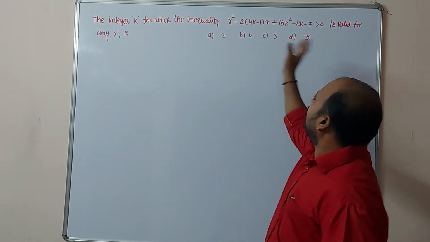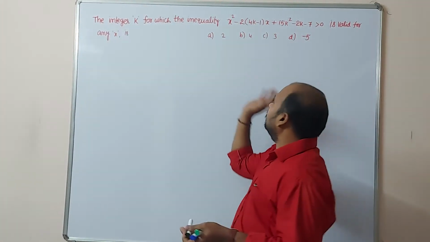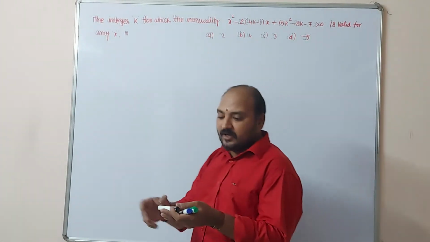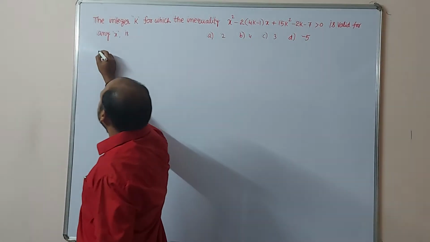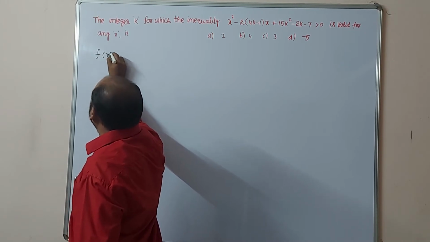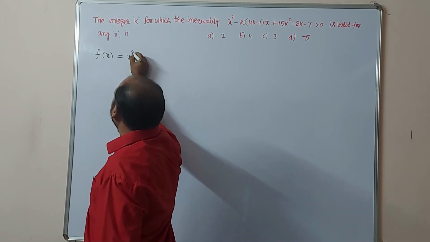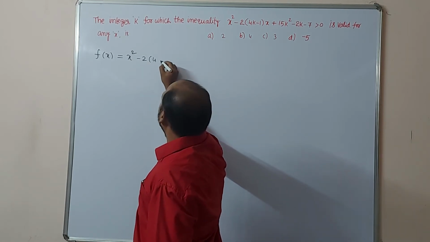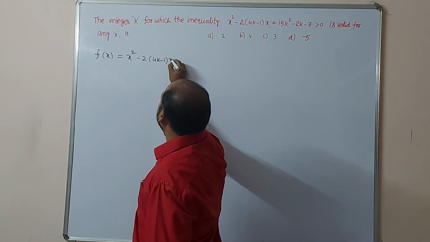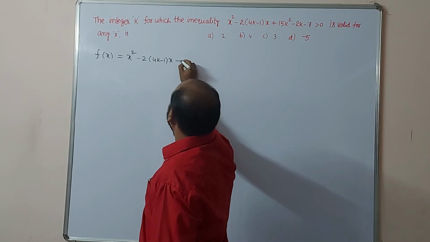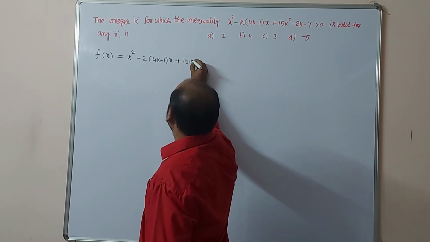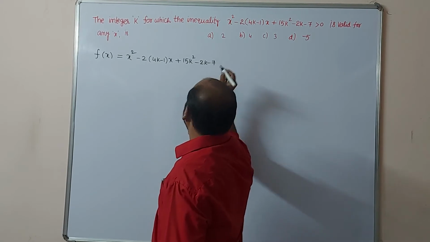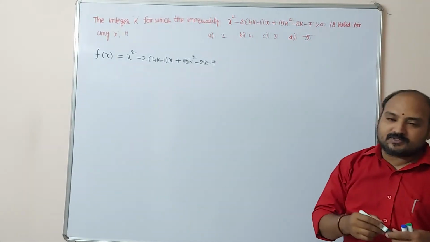First the inequality f of x I am writing without inequality, that is greater than 0, less than 0. First I will write it f of x. What is f of x in this? F of x is equal to x square minus 2 times of 4k minus 1 into x plus 15k square minus 2k minus 7, that is f of x.